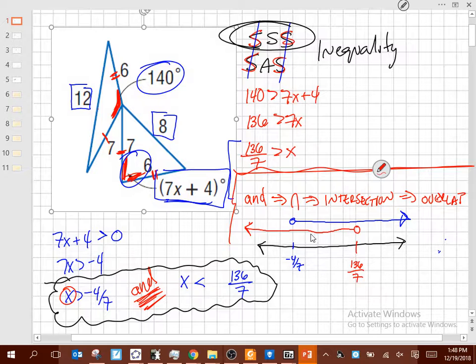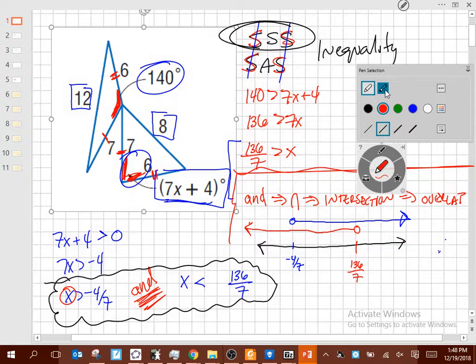Does that make sense? Well, the only places that's on the blue and on the red would be right there, correct? Okay? And those values then are -4/7 is less than x is less than 136/7.